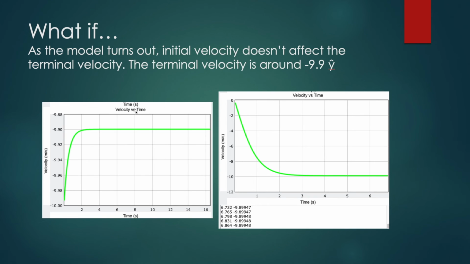The left-hand side model has an initial velocity of negative 10 along the negative y-axis. The right-hand side has zero initial velocity, but they both end up with the same terminal velocity. So as the model turns out, initial velocity doesn't affect the terminal velocity.